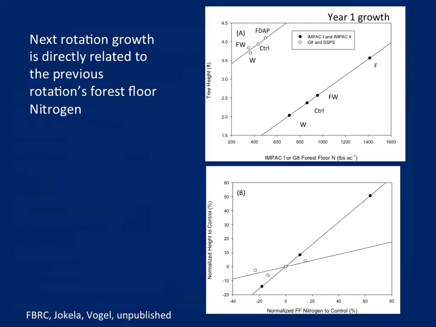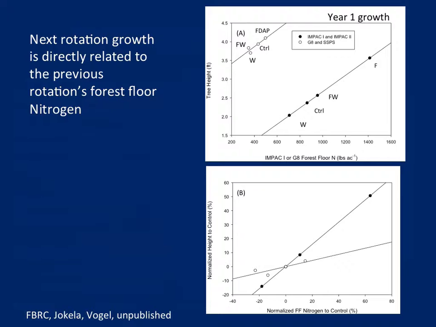So at age 25 for impact, age 26 for G8, this is the impact results. So the control is right here in the middle, the weed control is over on the left, and fertilization, the one significant growth enhancer, is way over here on the right. And it's a pretty strong relationship.